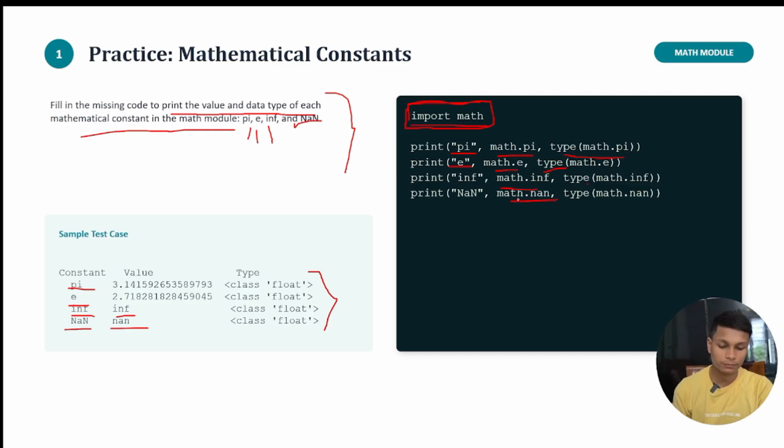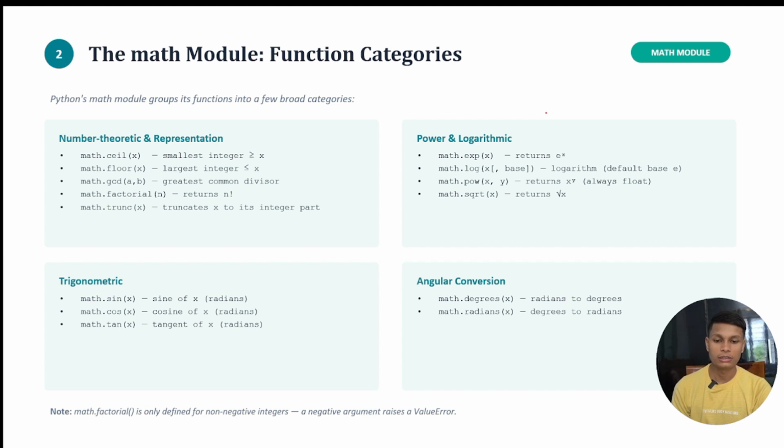Okay, so now let's see how many functions are there in the math module. Basically there are many functions in the math module, but here some important functions are mentioned. The very first one is math.ceil. What will math.ceil help you with? It gives you the smallest integer.